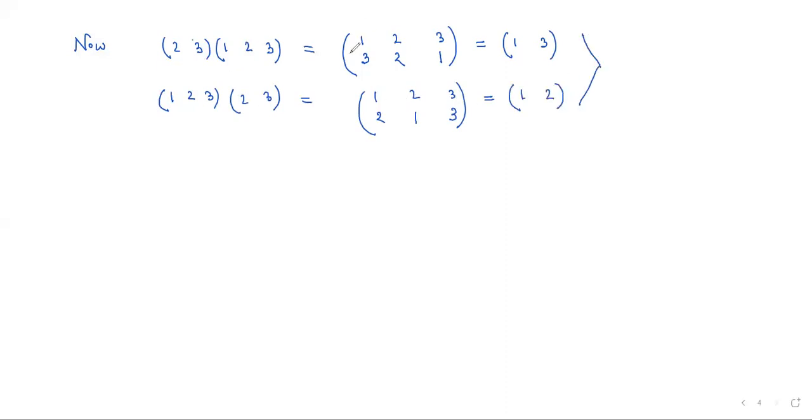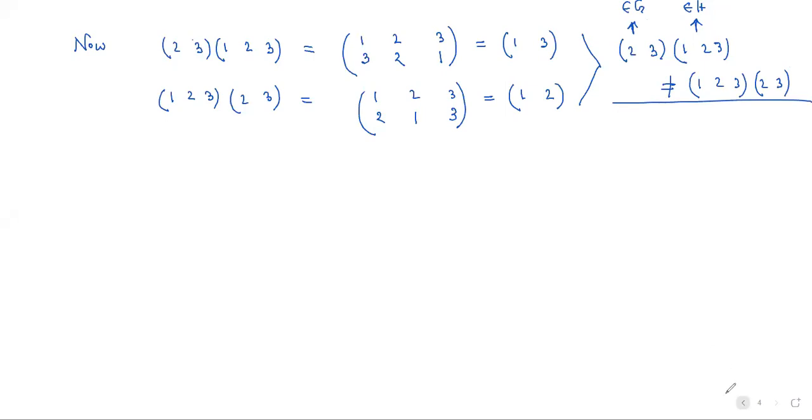But the above results show us that (2 3) and (1 2 3), where (2 3) belongs to capital G and this belongs to capital H, they do not commute with one another. Okay, they do not commute with one another.